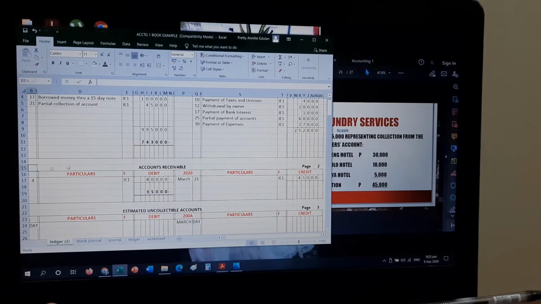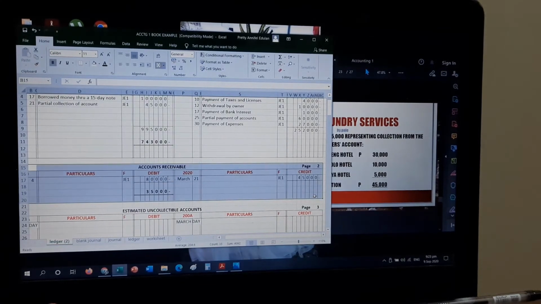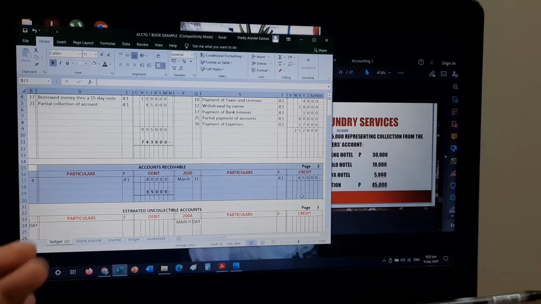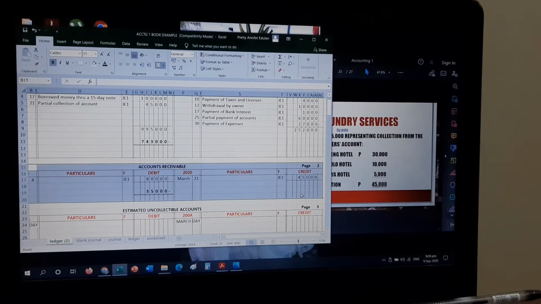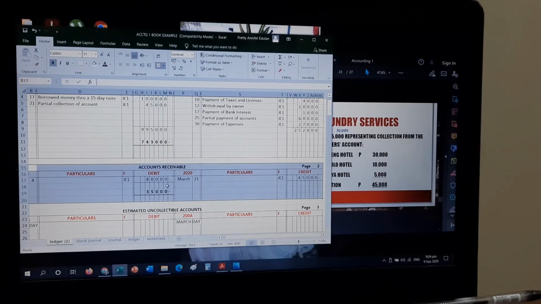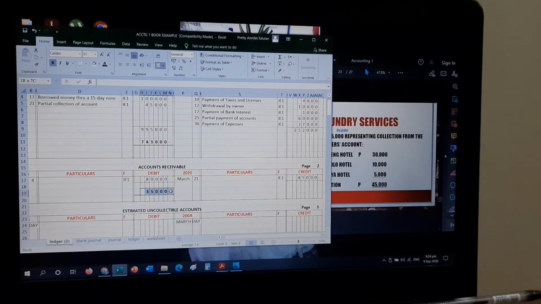What does it mean every time you see this ledger? You must be able to interpret. If a friend who is not a business student would ask you, what does this mean? You are given a T account. What account title is that? Accounts receivable. I have a debit balance of 35,000. What does it mean? You will simply say, you still have to collect 35,000.